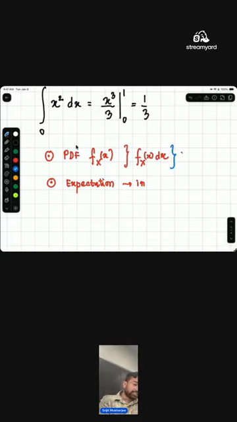So the expectation, I have also defined it, intuitive and mathematical. And then I also defined the law of the unconscious statistician.